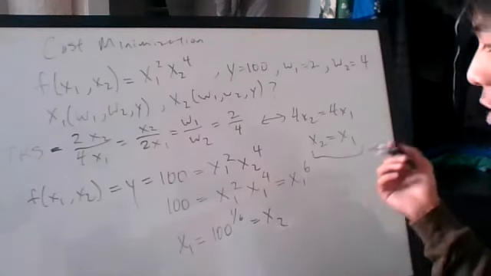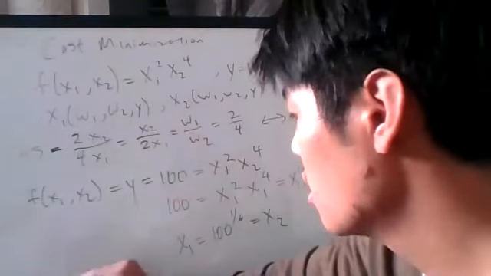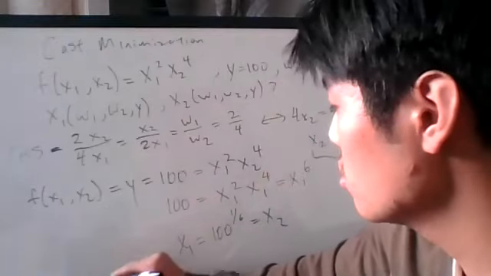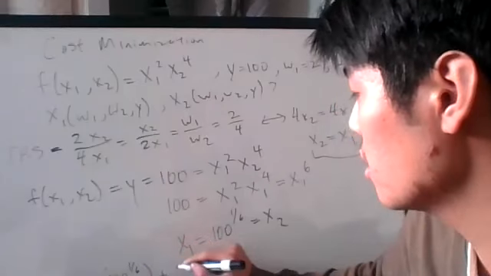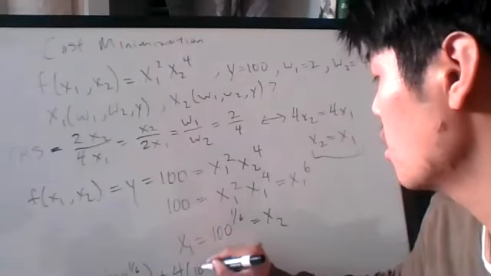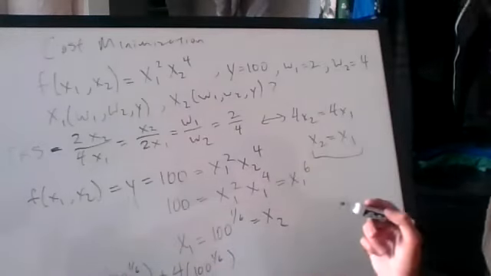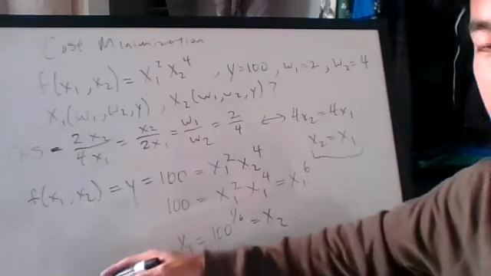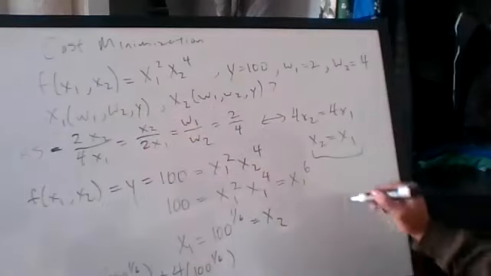If you wanted to finish off the problem, you could say that cost is equal to 2 times 100 to the 1/6 plus 4 times 100 to the 1/6. And whatever this value is, you don't really need to figure it out. This is going to be basically the lowest isocost that touches my technical rate of substitution.